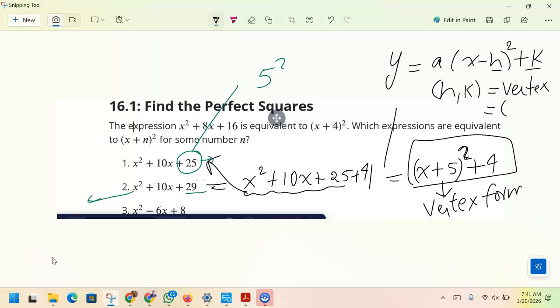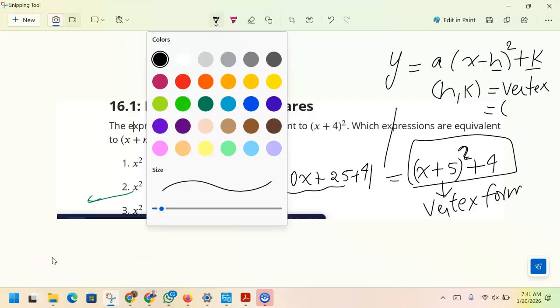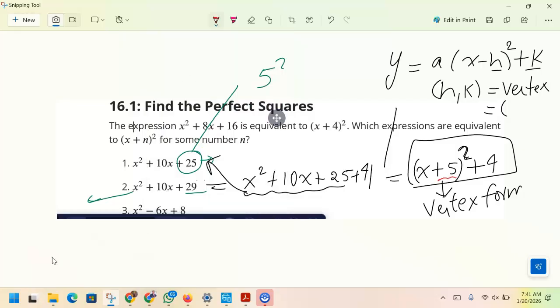In the parenthesis you always take the opposite of plus 5, which is minus 5. And the other one is 4. The outside is 4, so it is plus. So the vertex of the graph is minus 5 and 4, this is the point.